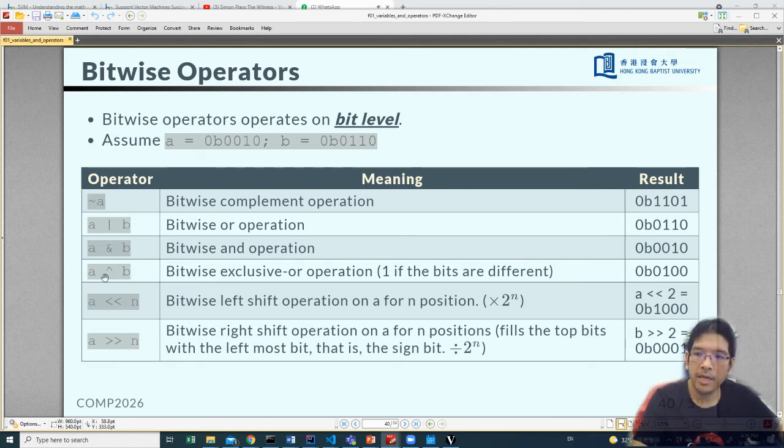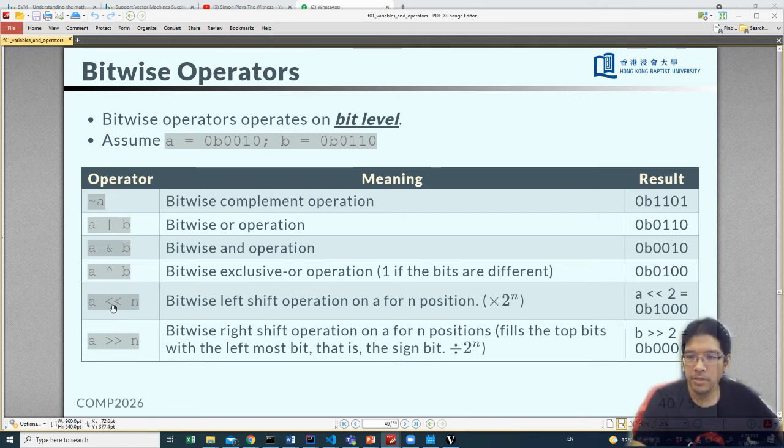So let's say A XOR B. We read symbol by symbol: 0 XOR 0 gives you 0. 0 XOR 1 gives you a 1, because they're different. 1 XOR 1 gives you 0. 0 XOR 0, they're the same, so that also gives you 0. So this one gives you 0100.